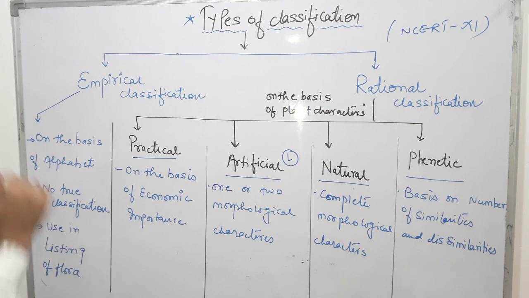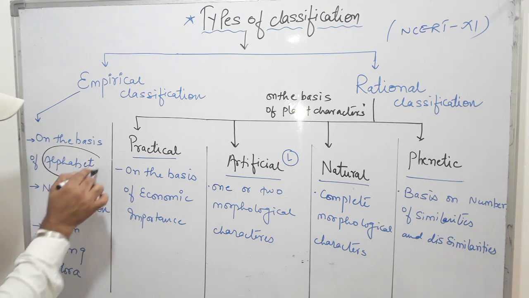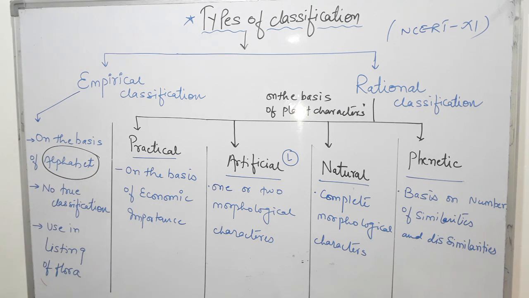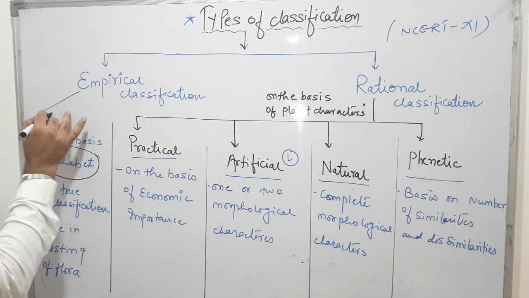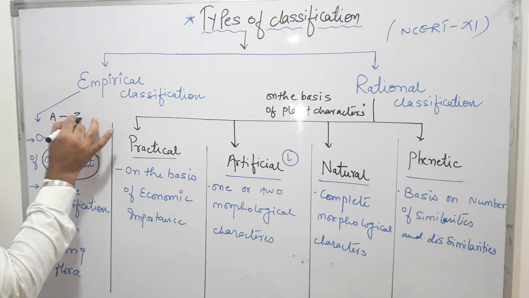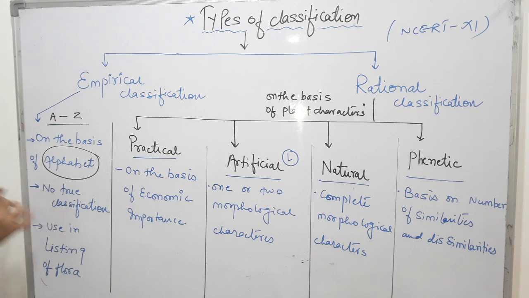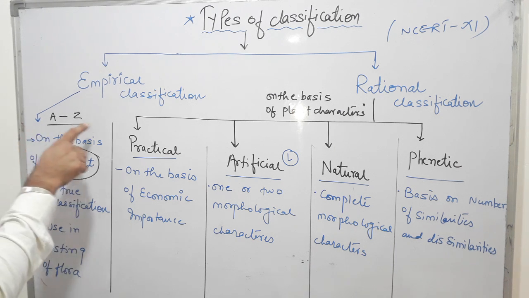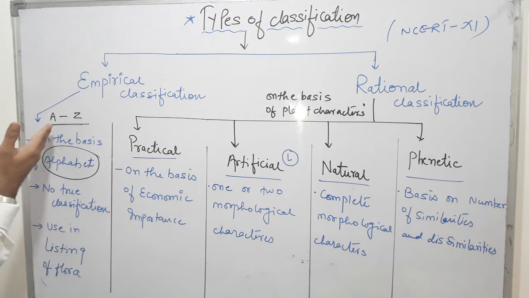In empirical classification, the scientists use only the alphabetic order for classification. That means they arrange all the plants from A to Z, all the organisms arranged on the basis of alphabetic order, in which the first letter A is related to the first animals.